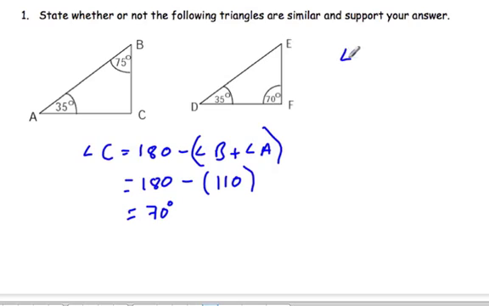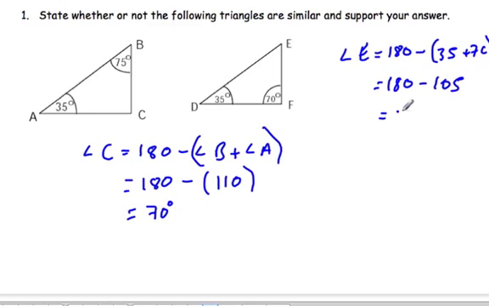Over here, angle E is equal to 180 minus the sum of the other two angles, which is 35 plus 70, which is equal to 180 minus 105, which is equal to 75 degrees.